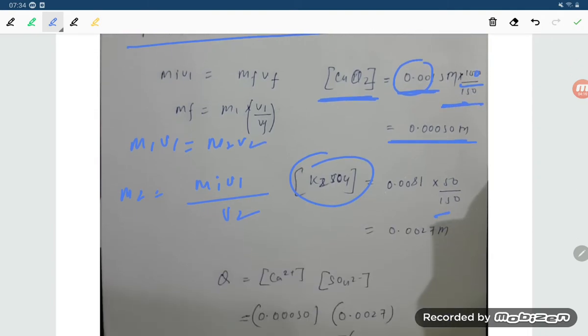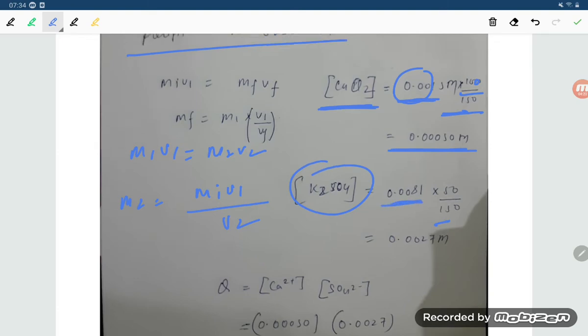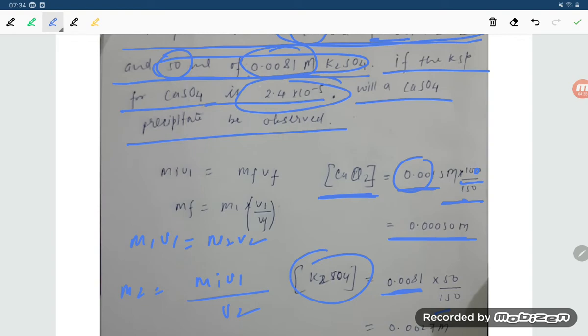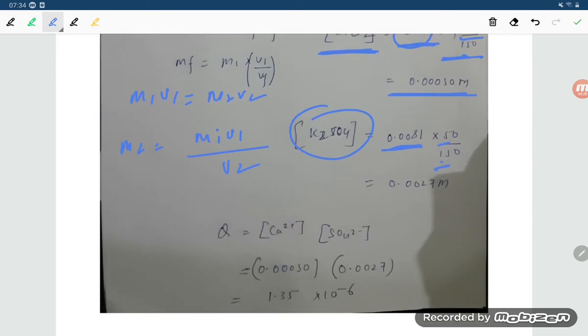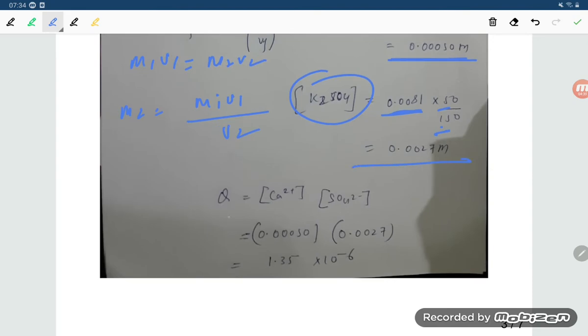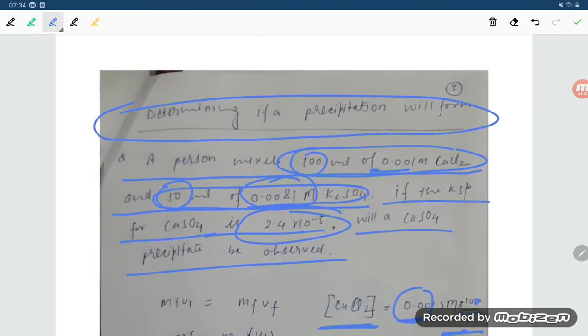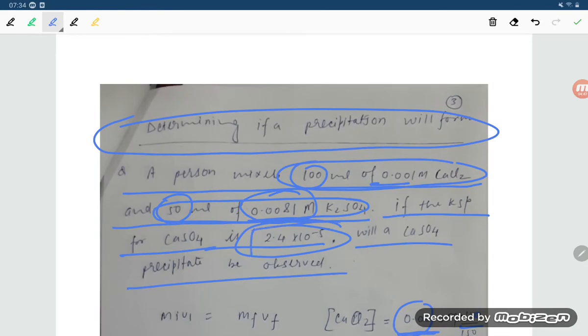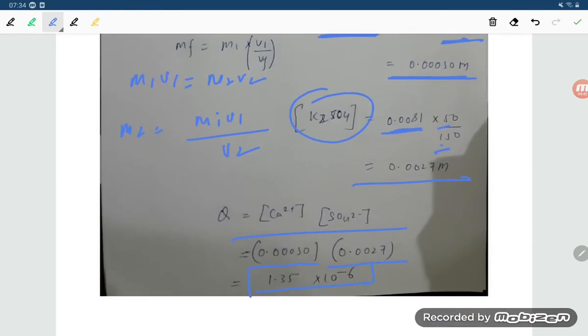Similarly for K2SO4, this is the M1 initial concentration, here given 0.0081, initial volume, final volume, so they are getting this one. Q is equal to the same expression, so multiplying, they are getting 1.35 into 10 power minus 6, and KSP is 2.4 into 10 power minus 5.